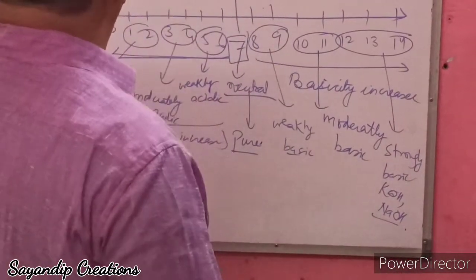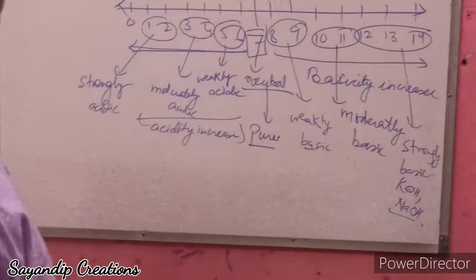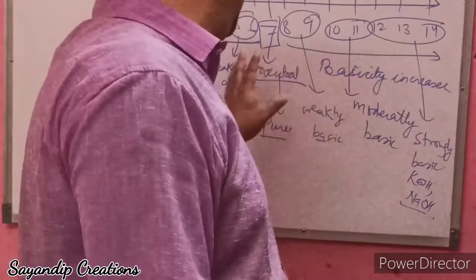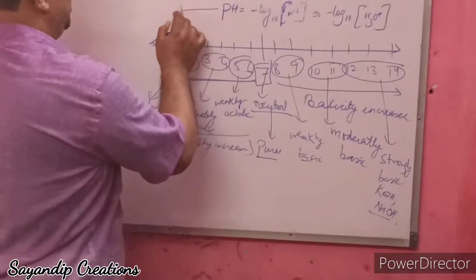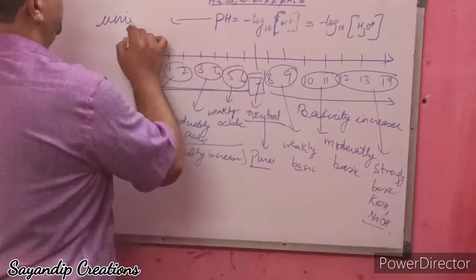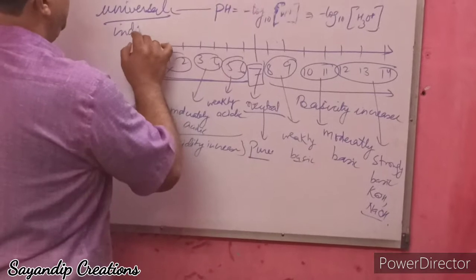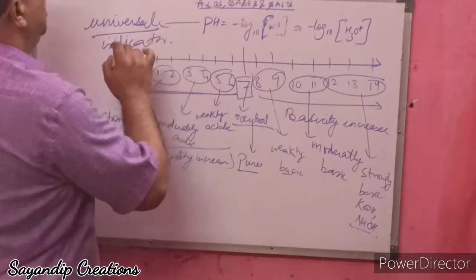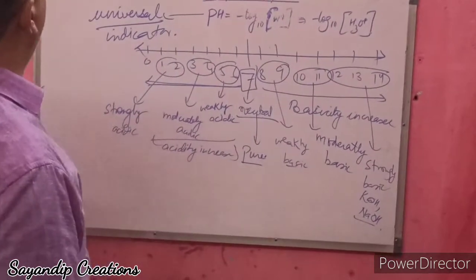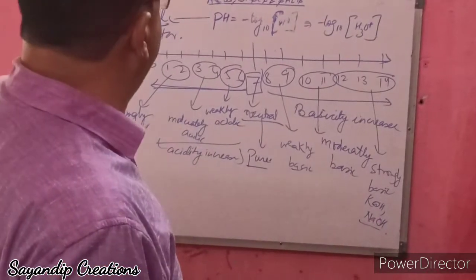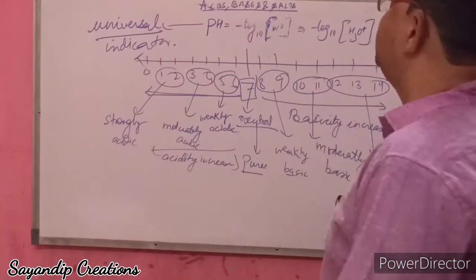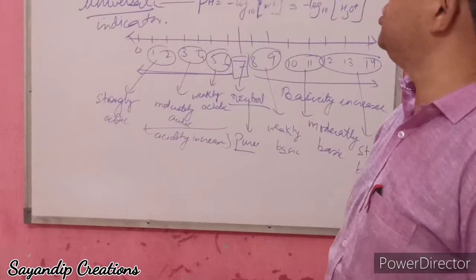Now, universal indicator. pH is also called the universal indicator. Now, what does an increase in concentration of hydrogen ion in a solution have on the pH of the solution?